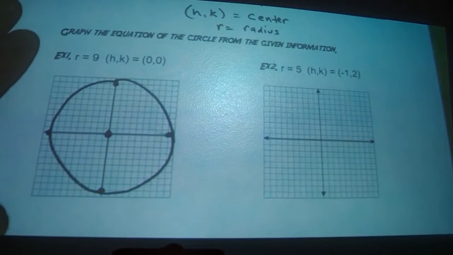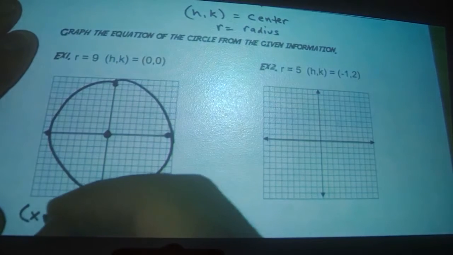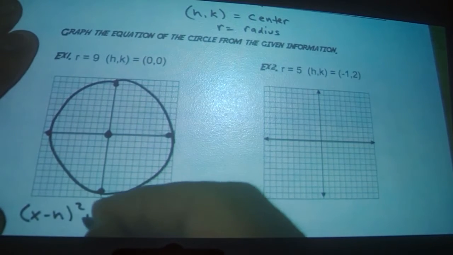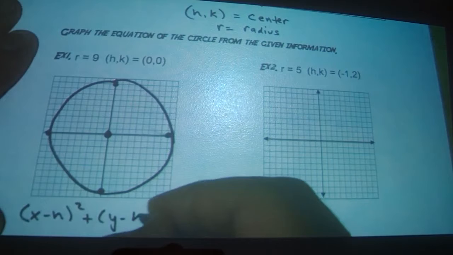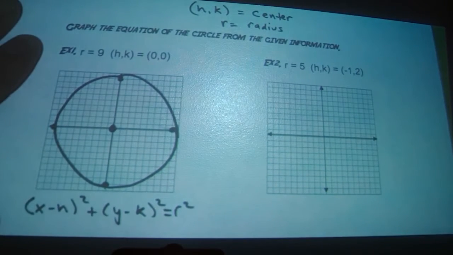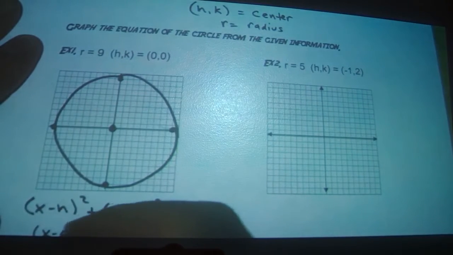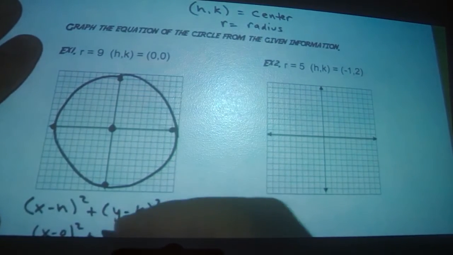Okay? Now, you also should be able to come up with the equation. So I'll write that standard form again. And now we just plug and chug. We've got h and k is 0, 0, so I've got x minus 0 squared.